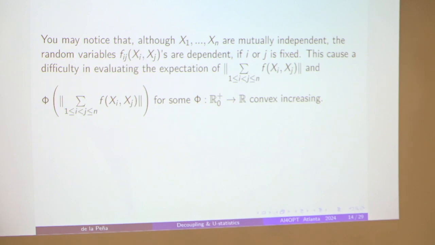So suppose that you want to estimate the expected value of a function of the norm of the sum. These functions have values in a Banach space. Then if you are looking at a convex increasing function phi, I can give you an inequality.